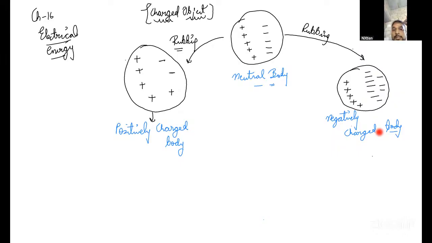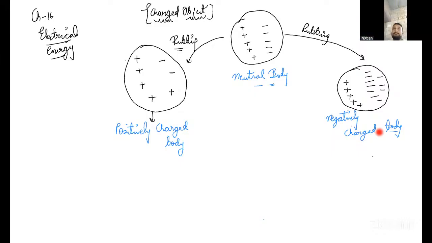The wall doesn't have charge, but still the balloon sticks to the wall because of the property of attraction. Negative and neutral can also attract.